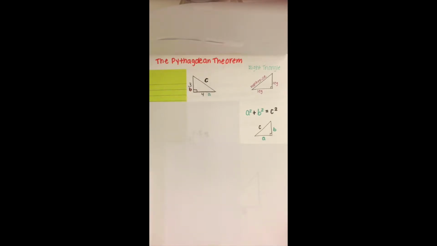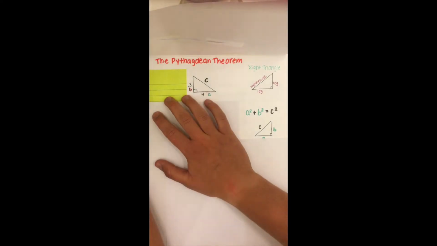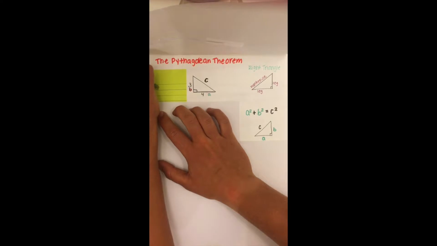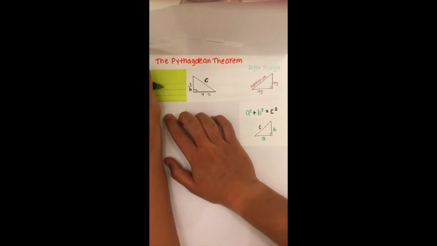So let's begin with this triangle. We have 4, so if we plug it into the equation, we have a squared plus b squared equals c squared.